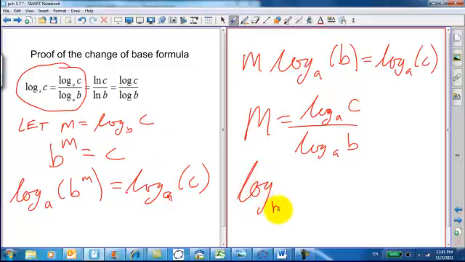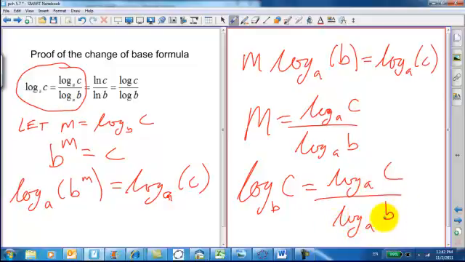So the log base b of c equals the log base a of c over the log base a of b. And this kind of makes sense because if you change the base of the log, you're not going to get the same thing. So if I took this out, this wouldn't be necessarily true. Log base b of c doesn't equal log base a of c. So you divide by a correction factor, which is the log base a of the old base.